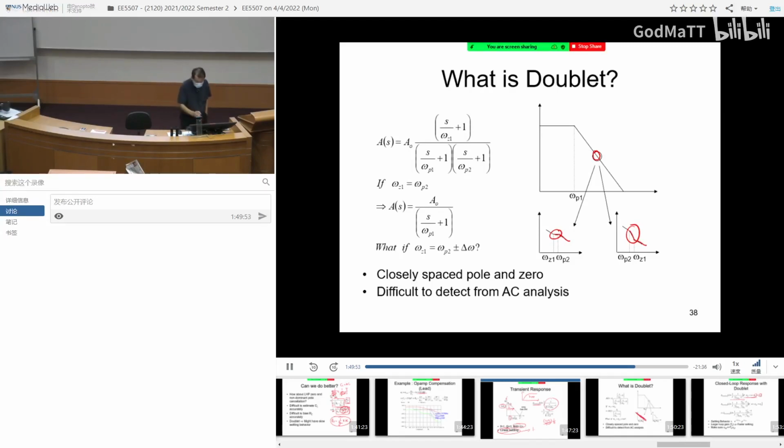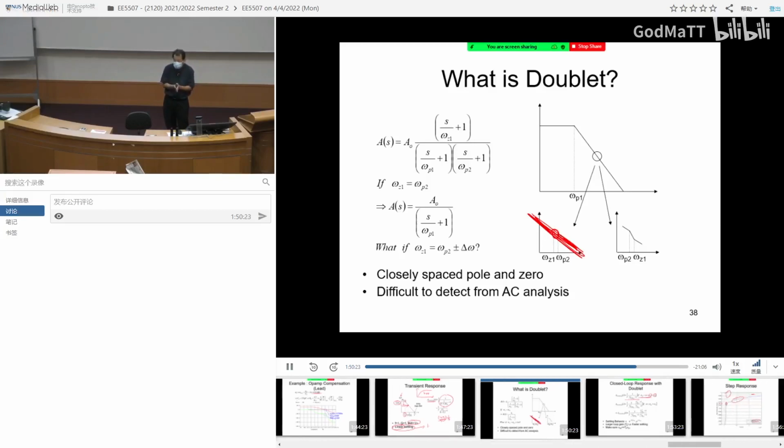But no matter what, because the two frequencies are so close, if you zoom out, you don't see it. It's like you look at the slope, you look at this portion, you look at this portion. This is so small, you hardly notice the discontinuity. So if you zoom out, it almost looks like this. It appears to be cancelled, but it's not cancelled.